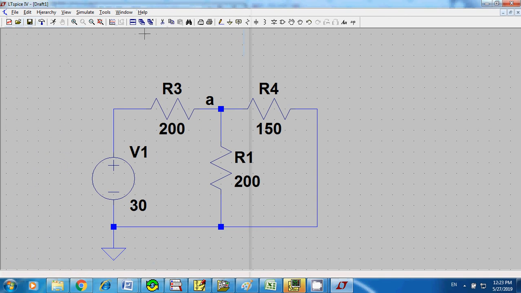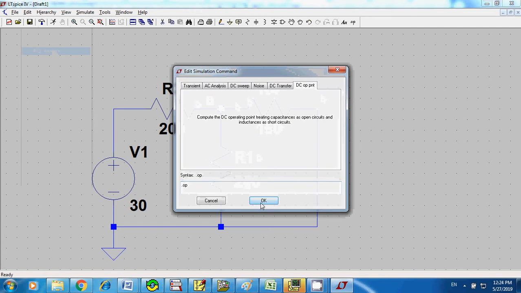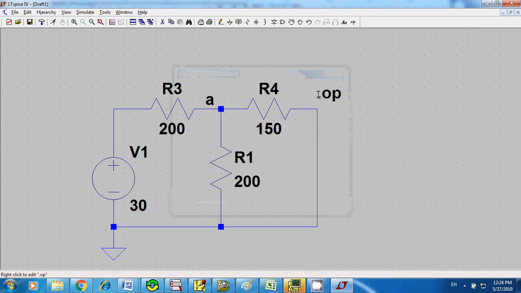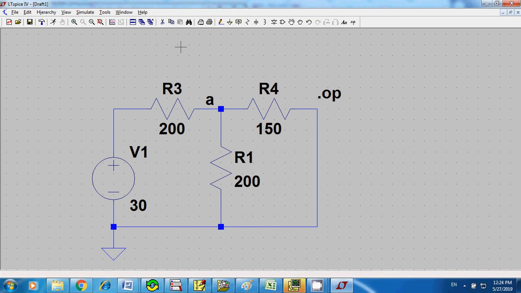Okay, let's take a look. And my operating point box disappeared, so let's get it back just to make sure that this will give you the current and the voltage. So we are ready to do a simulation, so let's go to run.